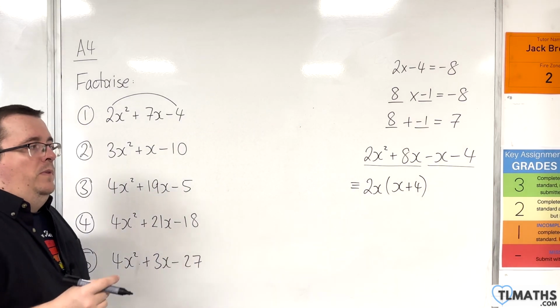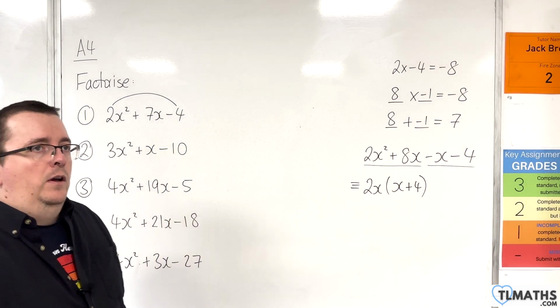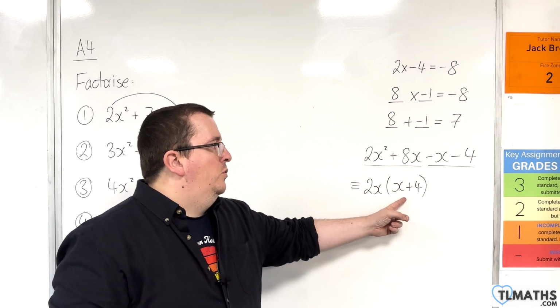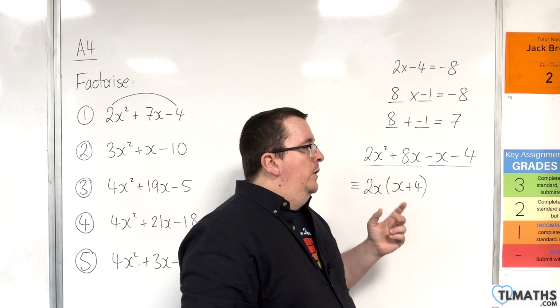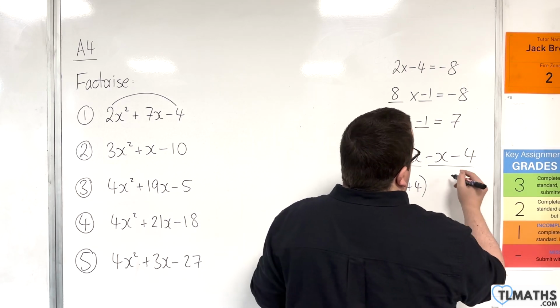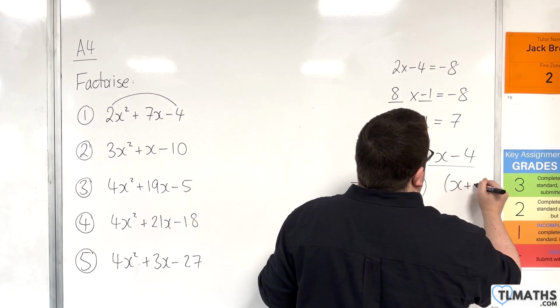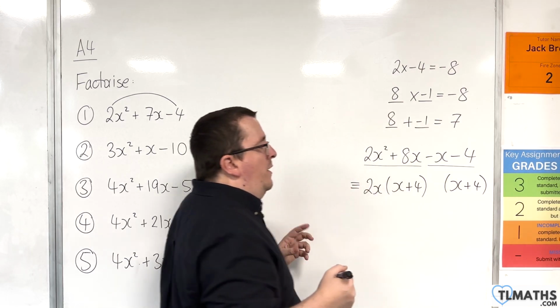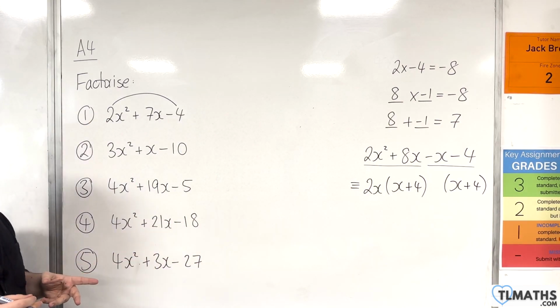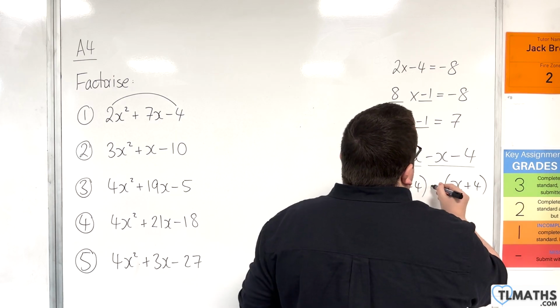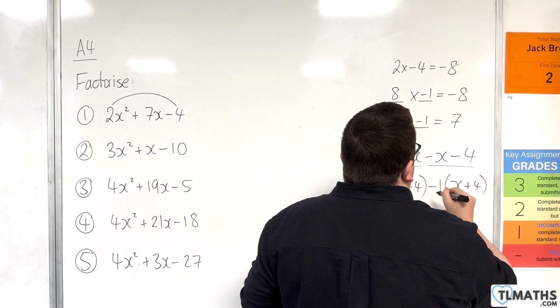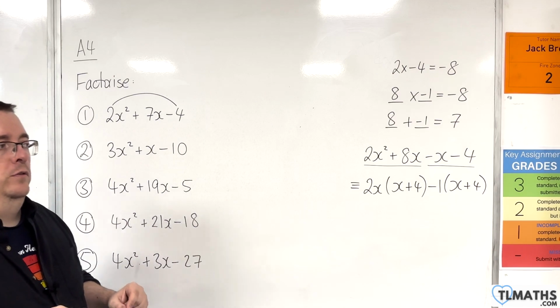Now, as we've seen, we want to make sure that the bracket I get here is the same as the one I get here. So, in some scenarios, it's actually useful to think ahead and go, well, I know that the other bracket's got to also be x plus 4, so what has to go here? In this case, it would be take away 1 lot of x plus 4.